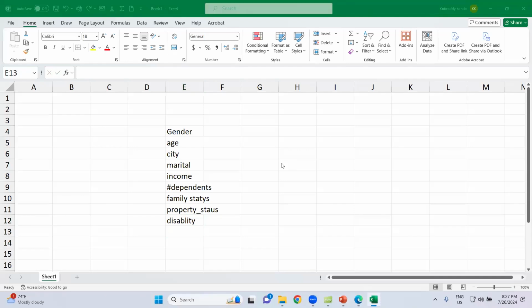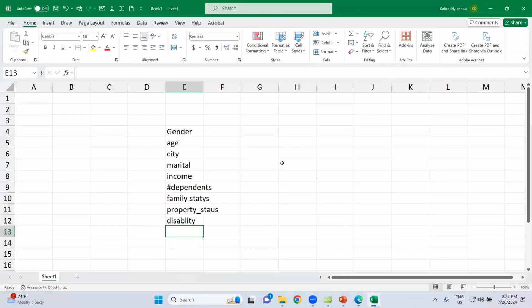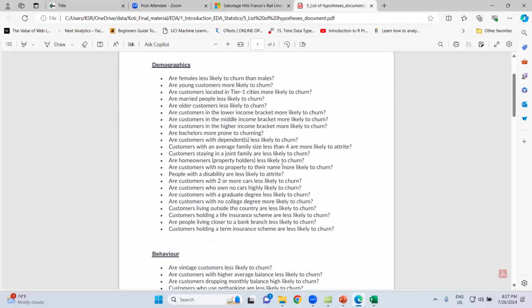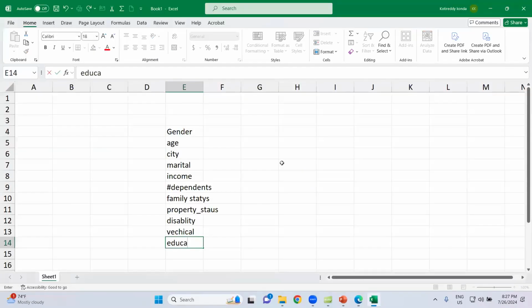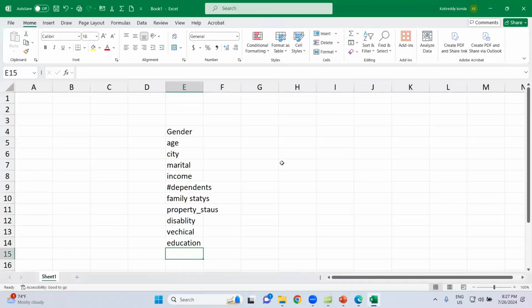Yes or no? Next, customer with a car status. Vehicle status. Can I use the word vehicle status? Could be. Vehicle status. Assets only. Customer with no graduate. Education. Customer with no college degree. Education only, right? Customer living outside the country.